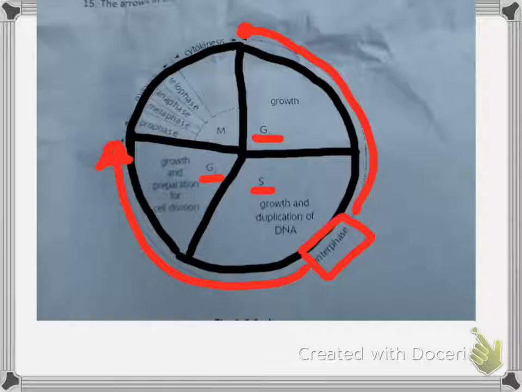The next two sections, they call it the M phase, but after interphase ends, it starts here with prophase. And this section here is the division of the nucleus.